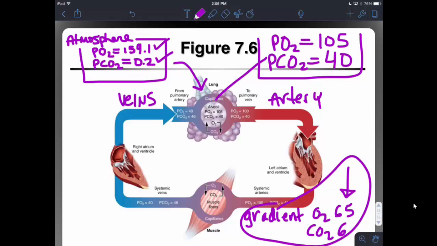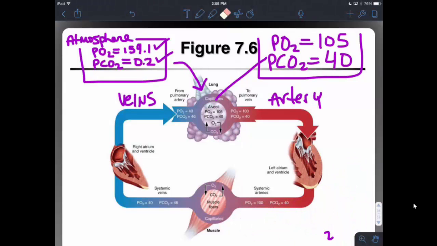All right, so let's move on from here. What happens is, as the blood leaves the veins and goes through the capillaries, here we have pulmonary diffusion.